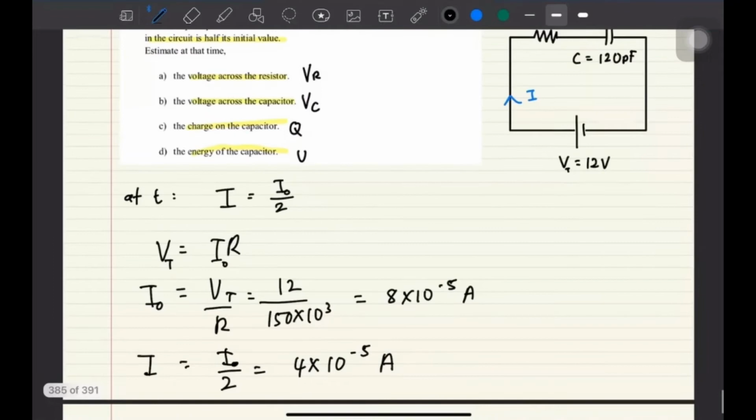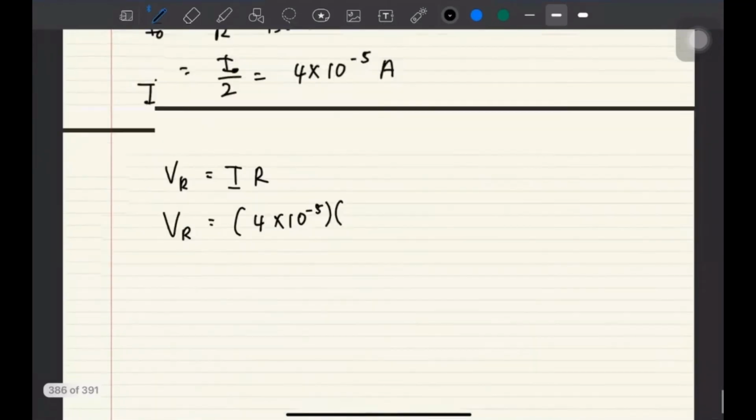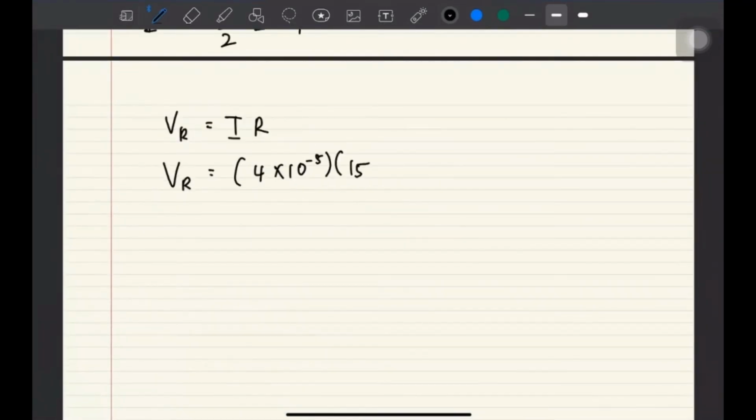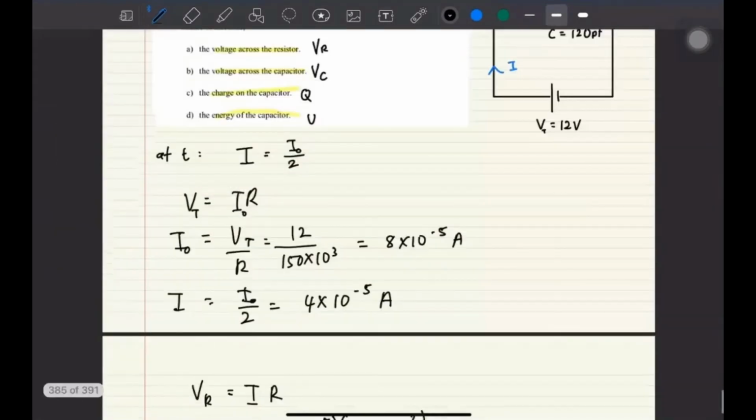Apa I dia? 150 kilo ohm. I got here 6 volt. Kamu dapat sama ke tidak? Dapat, sir. Okay, that one is for question A.